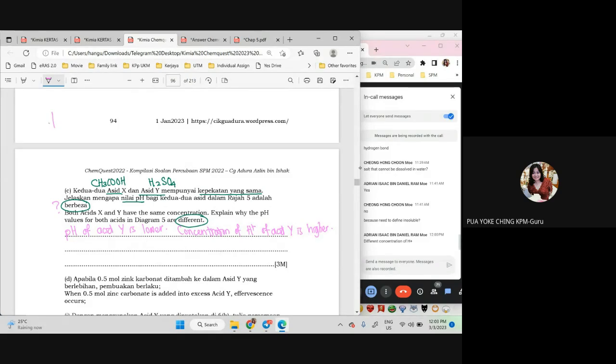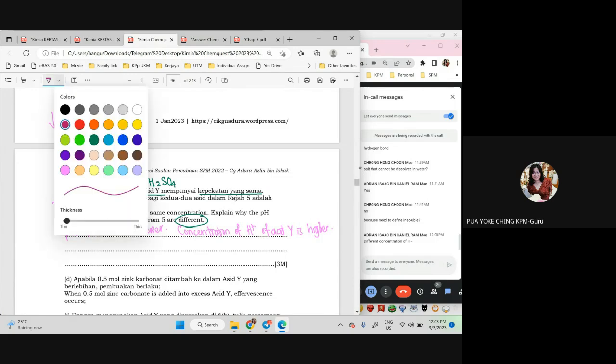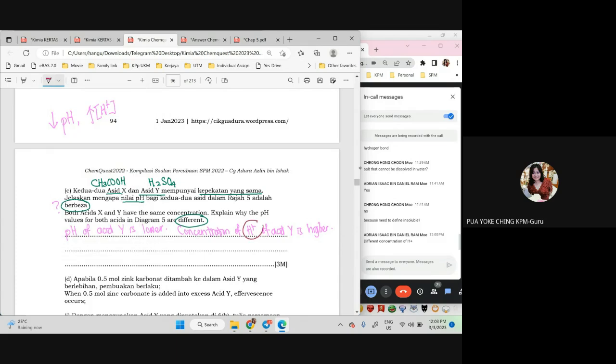Lower pH, higher concentration of H plus. So point 1, point 2 tak akan lari. It's your point 3. Point 3, you need to mention why the concentration of H plus is different since the question asks you that they have same concentration.